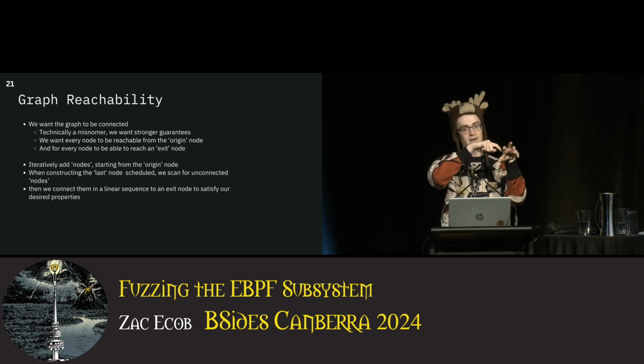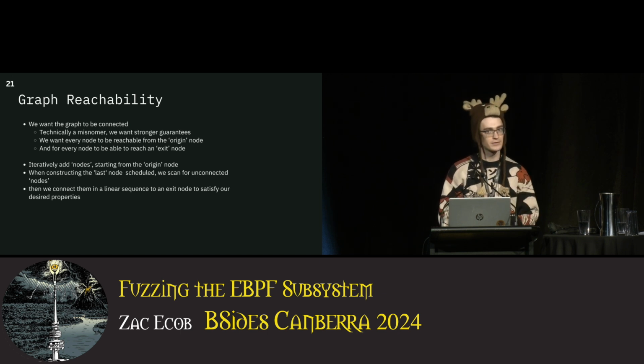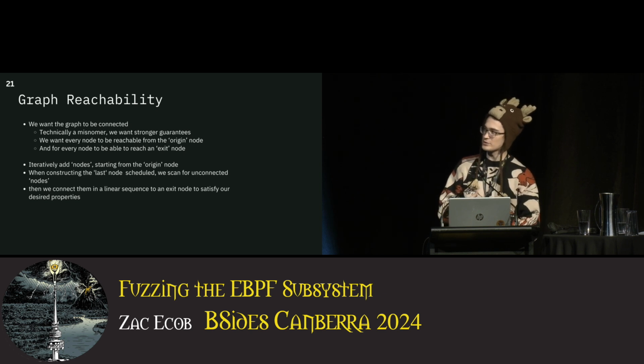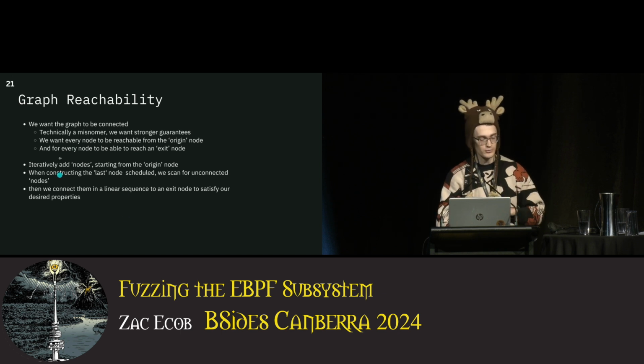So we then connect to all the unconnected nodes in a linear sequence, and then that last node connects to the exit, which allows us to say that the program is connected and all reaches exits. Technically, I think you could be smarter about this and maybe have more general, weirder programs, but this was a way that made sense to me to get these guarantees.